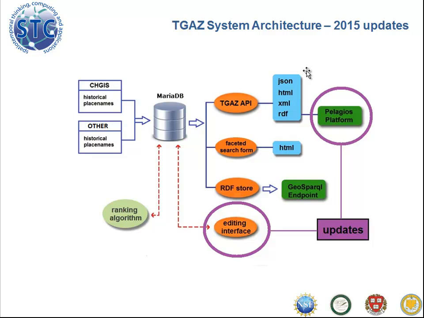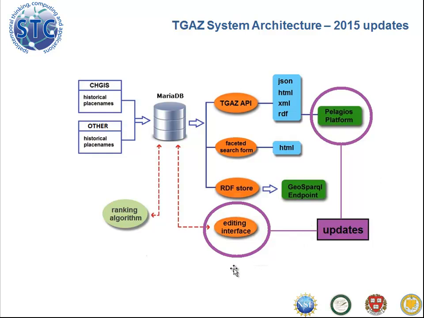Now, RDF is really useful because it's an interchange format that was designed together with the Pelagios platform, a Mellon-funded project called Pelagios, and it's designed to create linked open data of historical objects and their locations in gazetteers. So we've now done that, and we're working with Pelagios, which I'll show you in a moment.